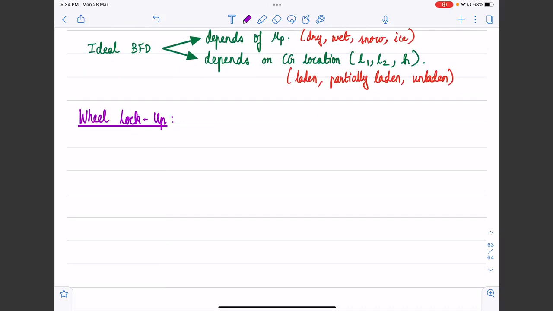So let us consider, for this particular analysis, only the inertia and the braking forces. So let us neglect aerodynamic drag, grade resistance, and drawbar pull. This is a reasonable assumption to make.